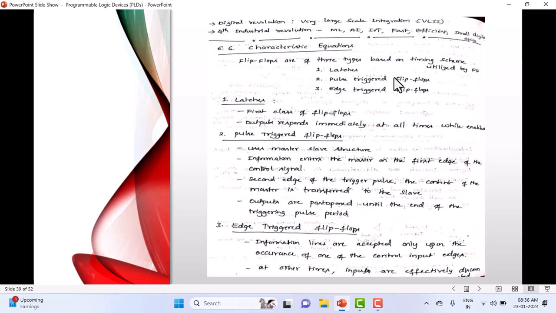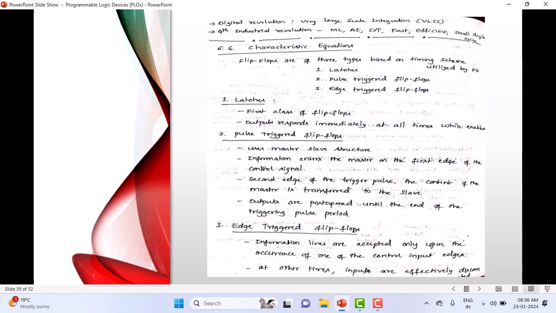When it comes to pulse triggered, we already saw that the on pulse will trigger the master flip-flop, and the off pulse will trigger the slave flip-flop. This we have discussed in the previous class. That's why it's called pulse triggered. We have not discussed anything related to edge triggered, but pulse triggered and edge triggered are more or less the same. There's no main difference.